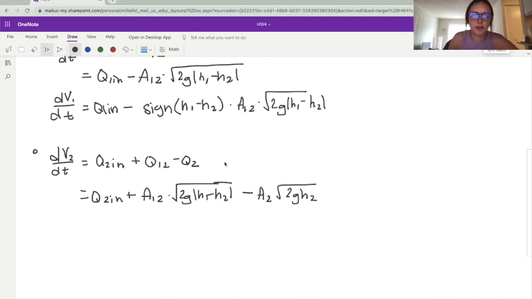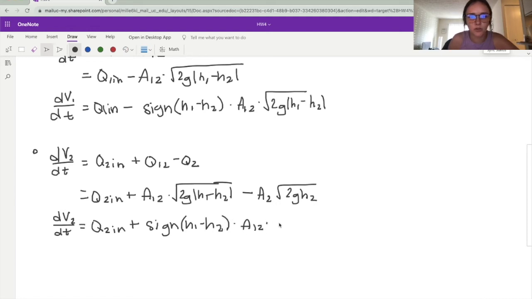And again, it's the same thing. We have to incorporate the sign. So we are going to write it as dV2 over dt equals Q2 in plus the sign of H1 minus H2 times A12 times square root 2G absolute value H1 minus H2 minus A2 square root of 2G H2.